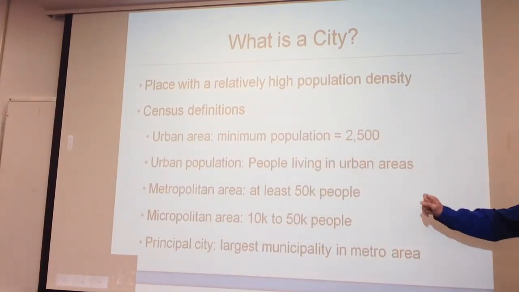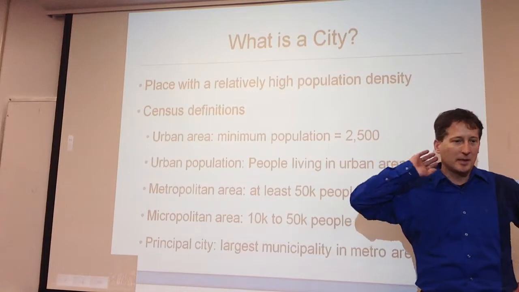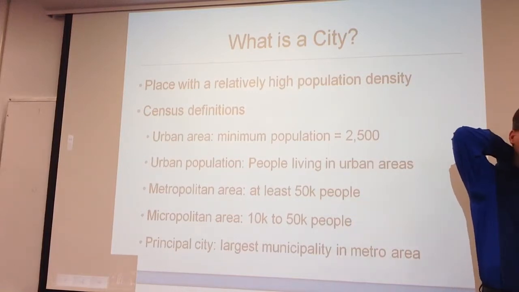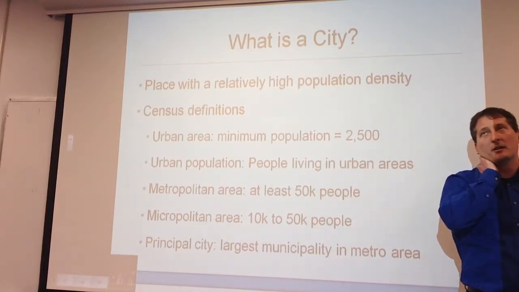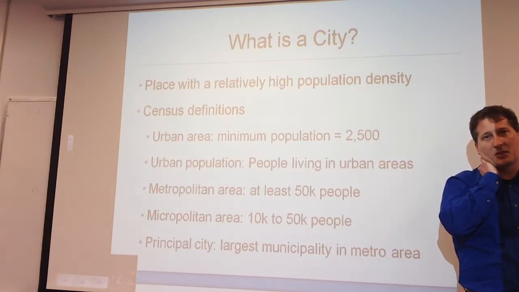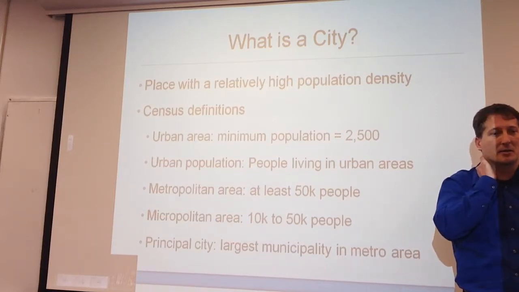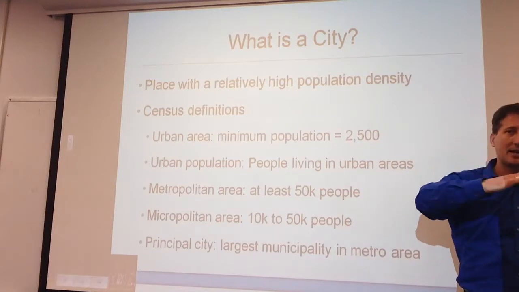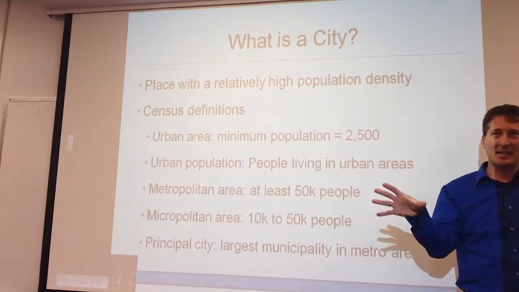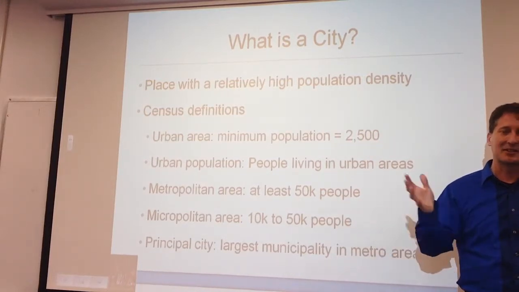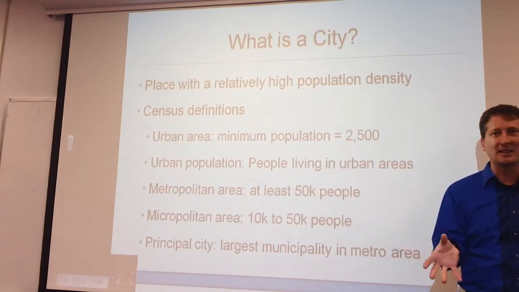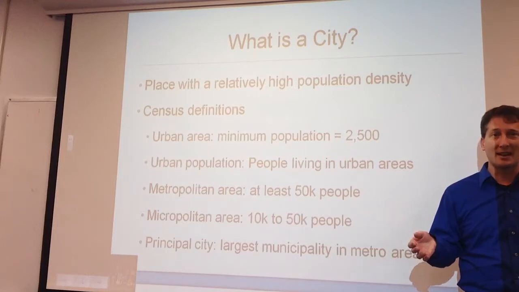So one thing I might share with you on the 50,000 mark is that the federal government allows for more improvements to your infrastructure that they share the cost in if you become a metropolitan area. So in Ames, where Iowa State is, it was a big deal when we got up to that 50,000 mark because they did a census and the city council and the local people were like, okay, we've got to get those students counted. Iowa State's about 30,000 population.